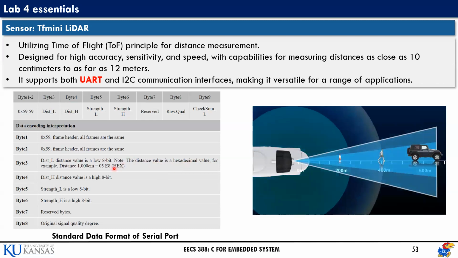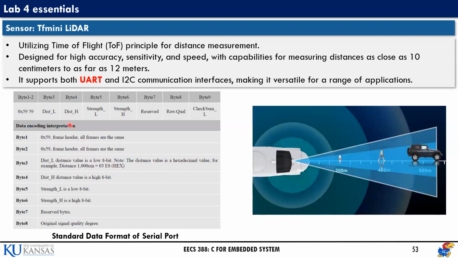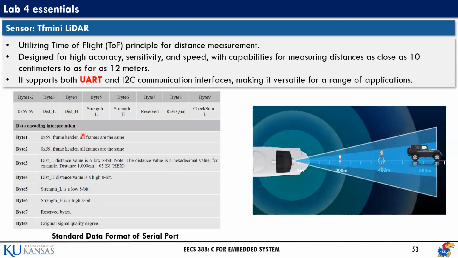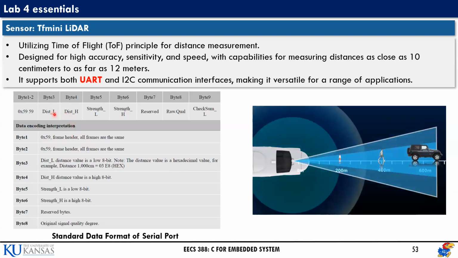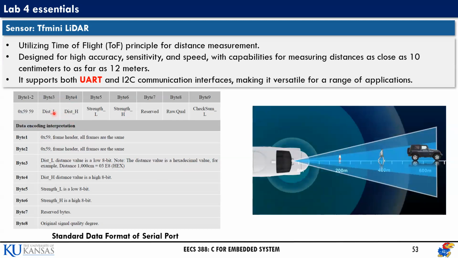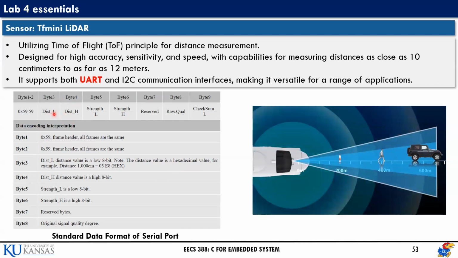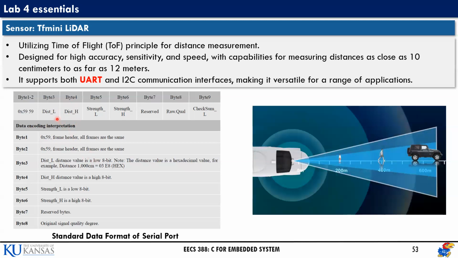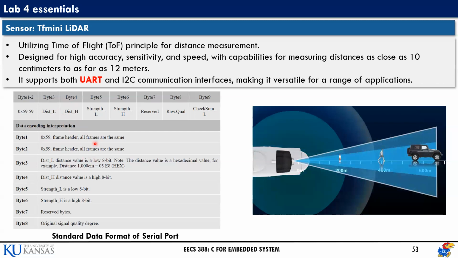As we have two fields of data, we need to merge them, right? Because if we use only the lower 8 bits, we can't represent a large value of distance, because using 8 bits we can only represent numbers from 0 to 255.